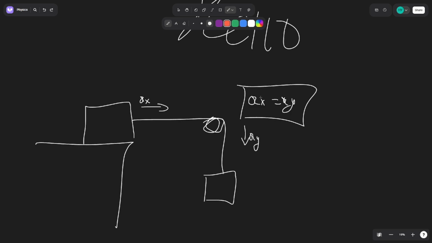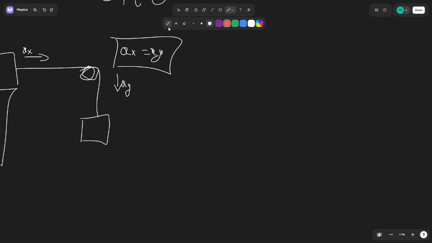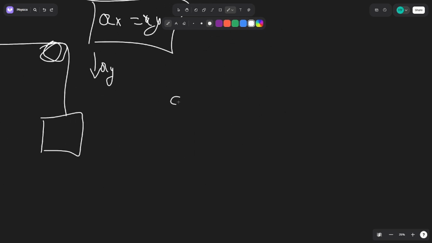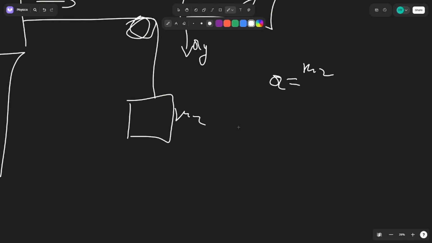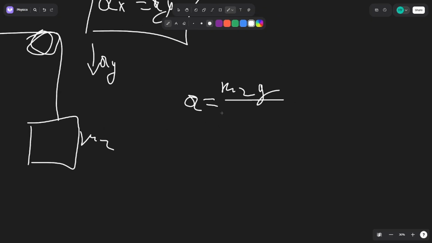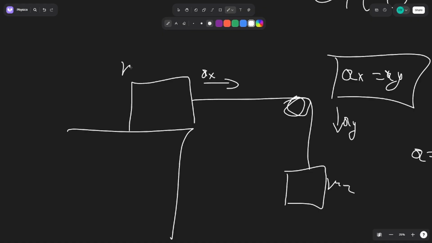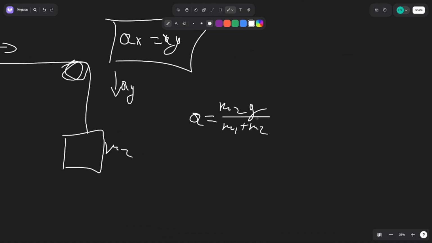Right? And how can we find it? So acceleration can be defined as m2 times g over m1 plus m2, and as you can see, this is m1, right? Also, acceleration is the sum of forces applied on a system divided by total mass.